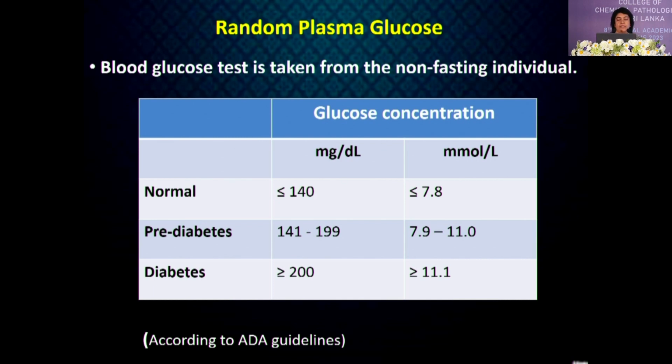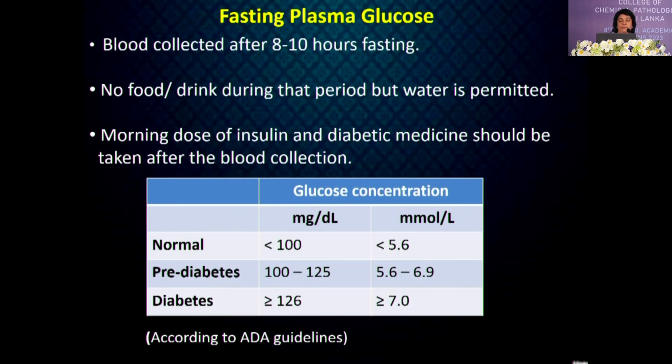To check the random plasma glucose, blood is collected from non-fasting individuals. Here I have put all the cutoff values according to the American Diabetes Association guidelines. As you all know, if the patient has hyperglycemic symptoms and the random plasma glucose is more than 200, it indicates diabetes.